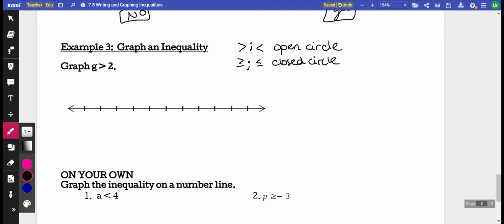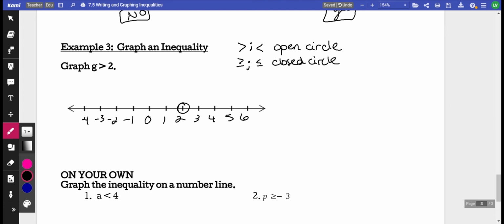So first I'm going to put some numbers on my number line: 0, 1, 2, 3, 4, 5, 6, -1, -2, -3, -4. So I'm going to start at 2. I want an open circle because it is greater than, not greater than or equal to.